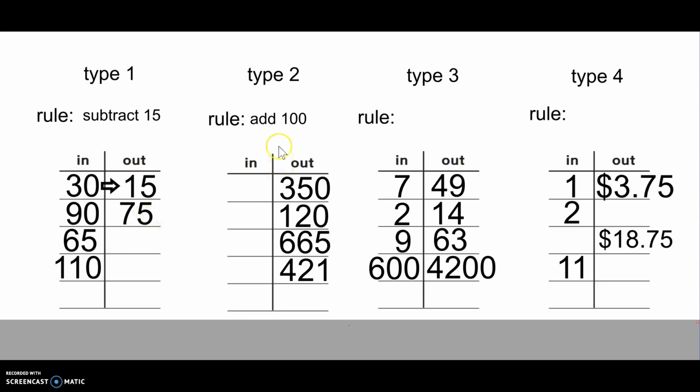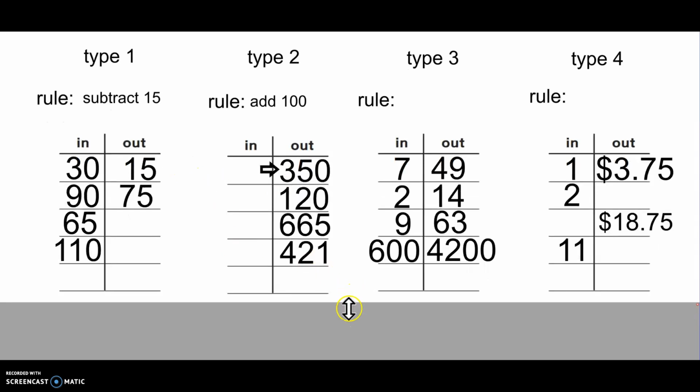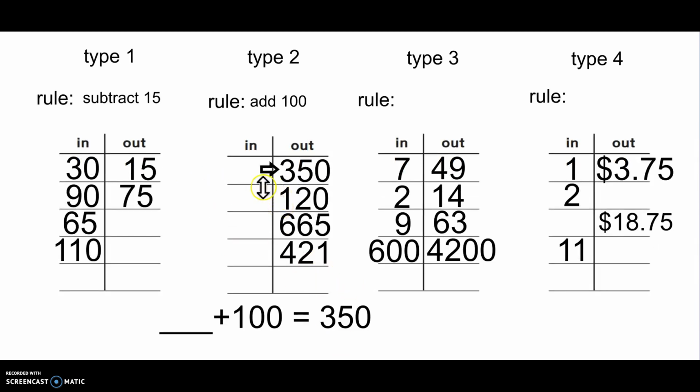Now, type 2, I have my rule again, but now I have my outputs. So I have to be careful. I'm following my rule from my input to get to my output. So I have my output. Let's think about this. This is saying some number plus 100 gets me to 350.